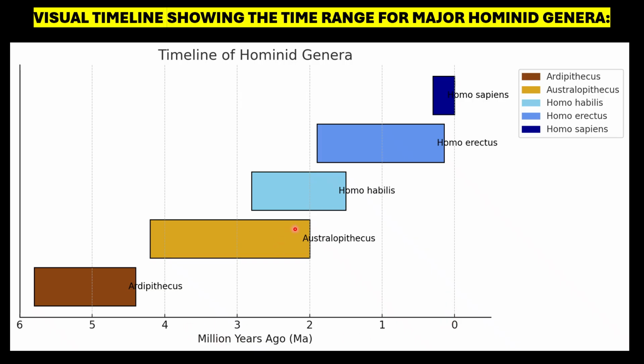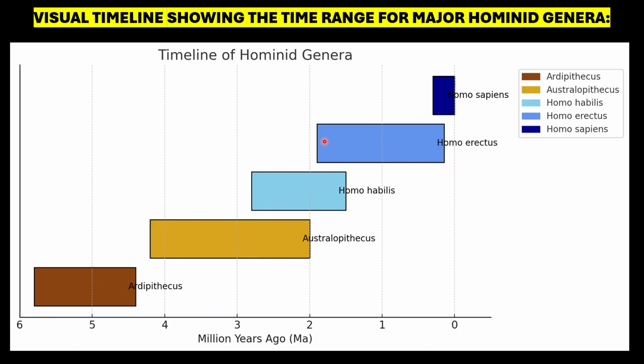So for Homo habilis and Australopithecus, there seems to be a relationship between them, because they existed around the same time. Though Australopithecus appeared and existed way before Homo habilis, they all existed together around this period, which is between 2 million and 2.8 million years ago.